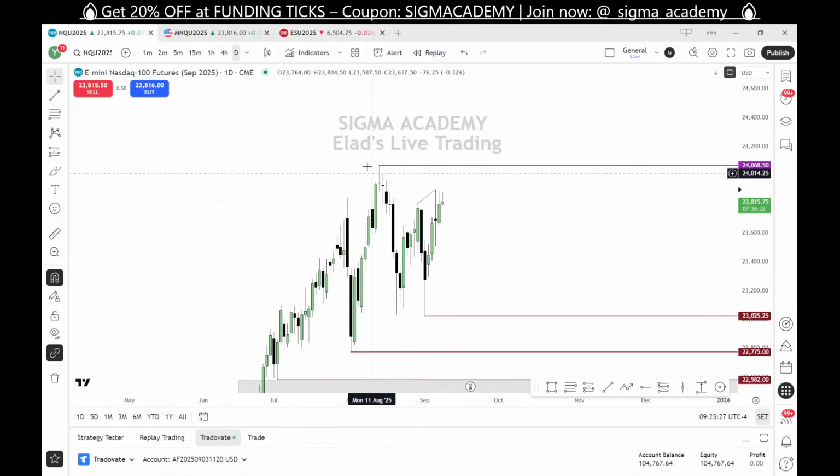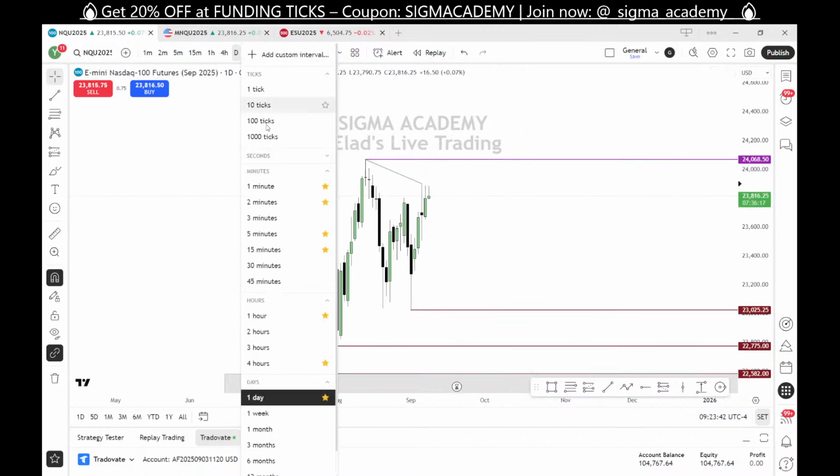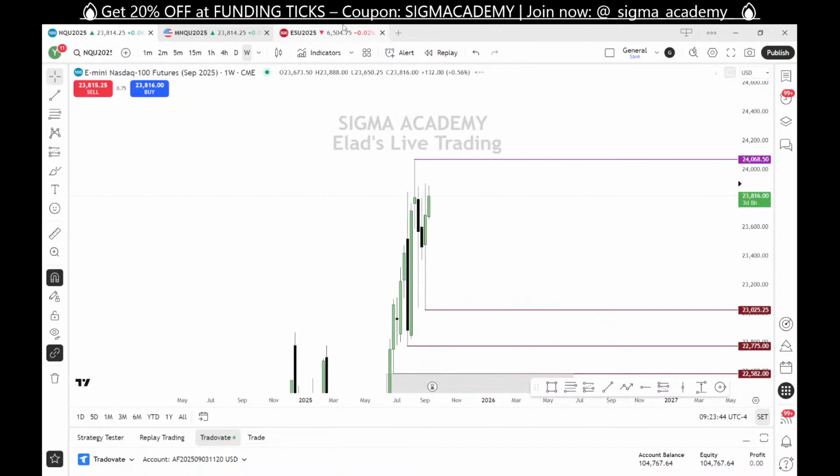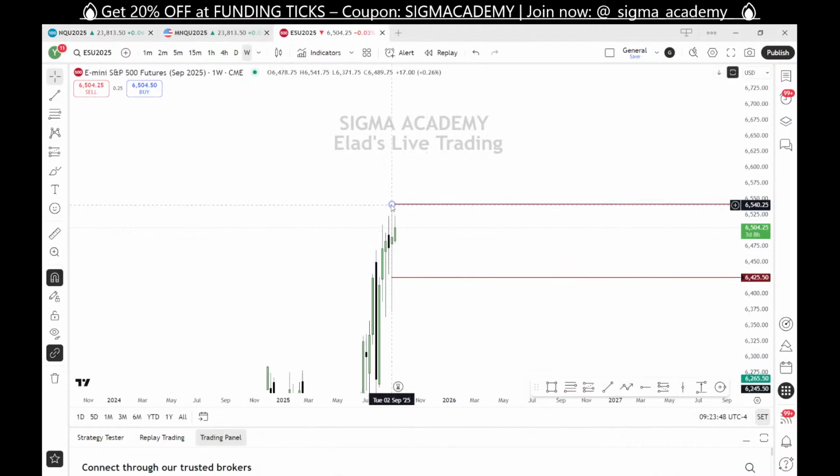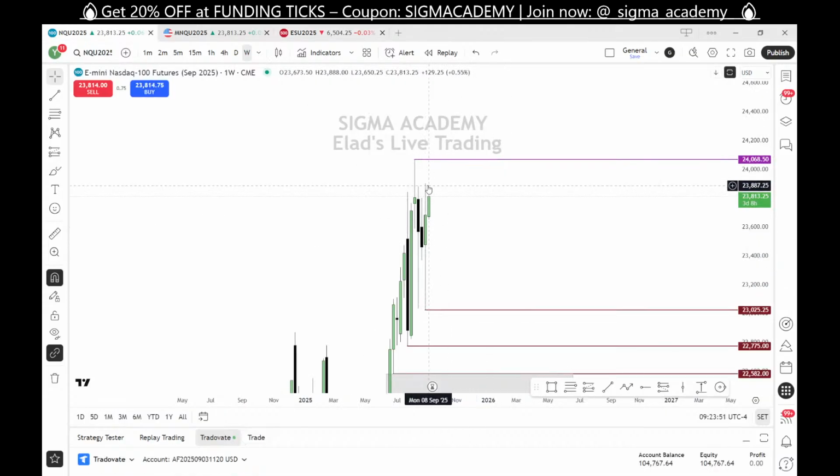In August, there is a SMT in the indices in the higher time frame. You can see it on the weekly much better. You can see this high is higher than this high.